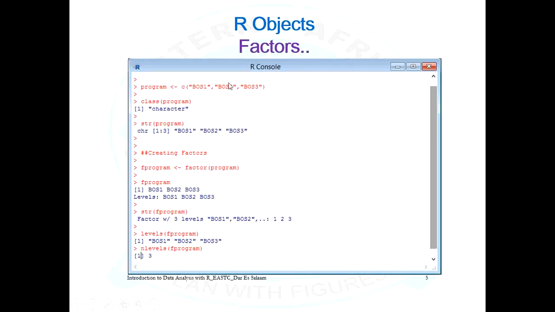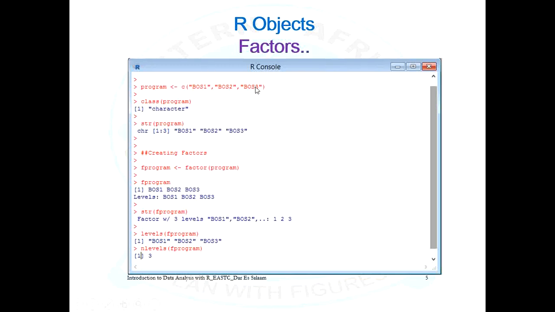This is assigned to an object, program, so not a variable. Now if you ask for the class of this, it will tell you that program is just a character vector having characters both 1, both 2 to both 3.